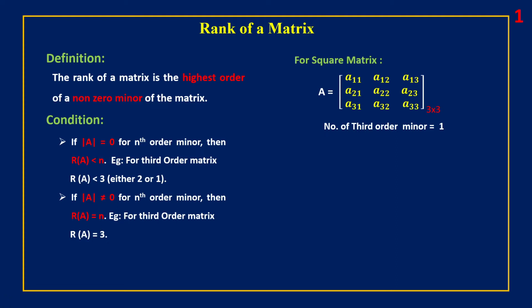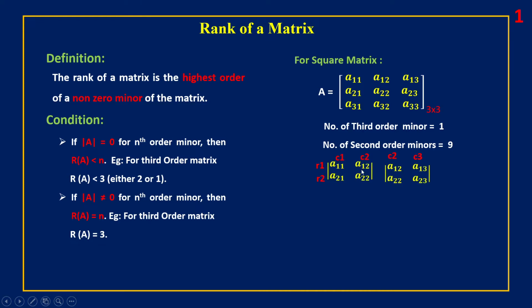We know that. And if we want to find the number of second order minors, we can strike out one column and one row. If we strike out row 3, I have considered only row 1 and row 2. If we strike out column 3 and row 3, the elements are A11, A12, A21 and A22. These 4.